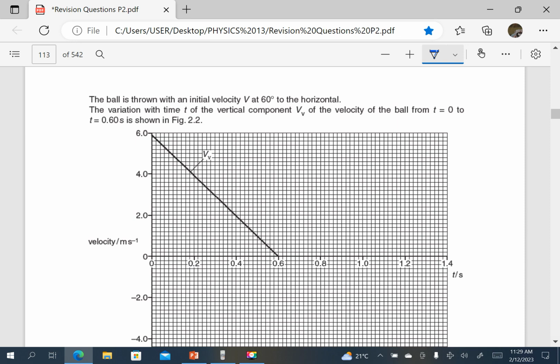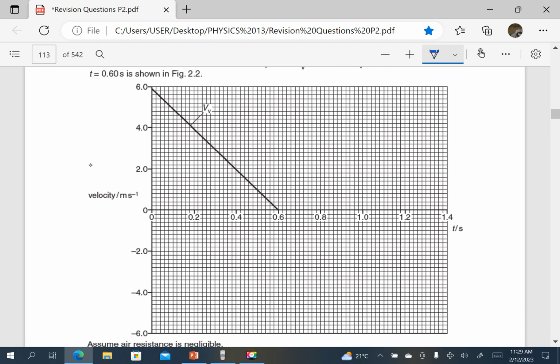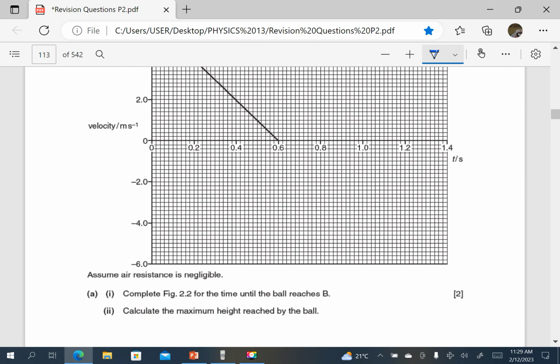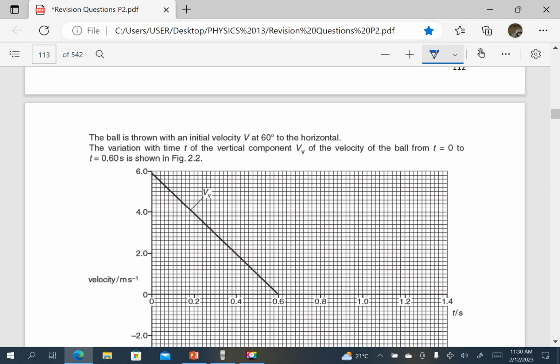The variation with time t of the vertical component of velocity of the ball is shown from t equals 0 to t equals 0.6. Of course, the vertical component reduces to 0. It is moving towards the maximum height. At maximum height, the velocity in the vertical is 0. Air resistance is negligible. Complete the figure for the time until the ball reaches B.